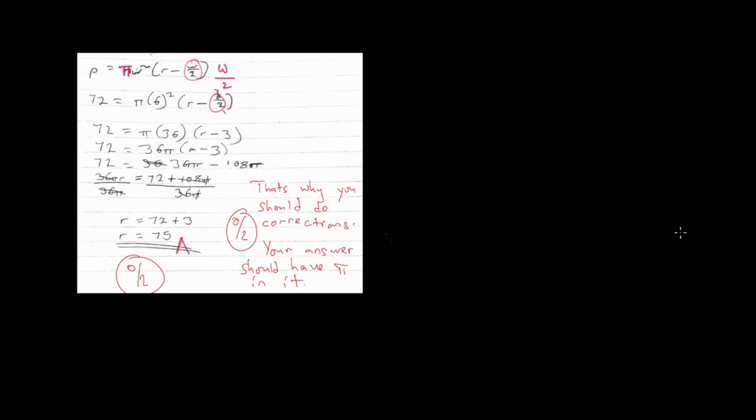So this student took P is equal to pi w squared, r minus w over 2. Then they substituted for P and w. So P is 72, equal to pi written as it is, w is 6, so it's 6 squared, then r stays as it is, minus w, that's 6 over 2.